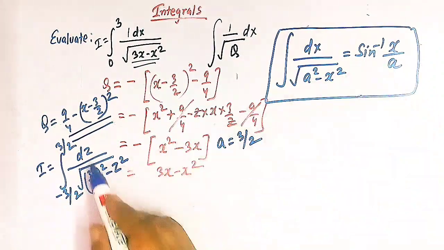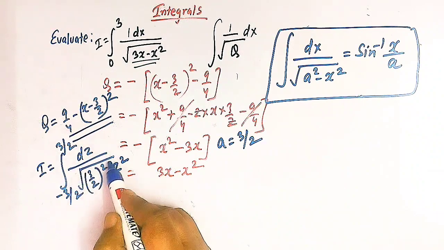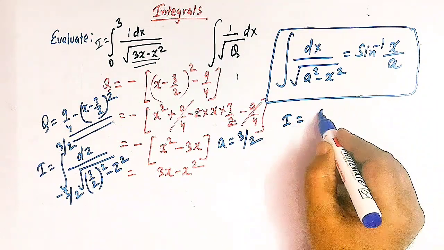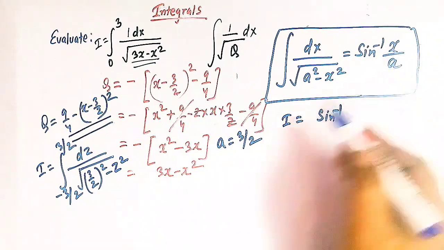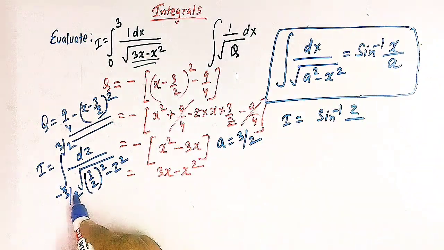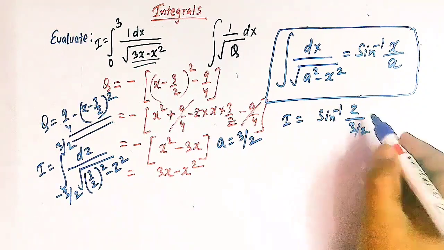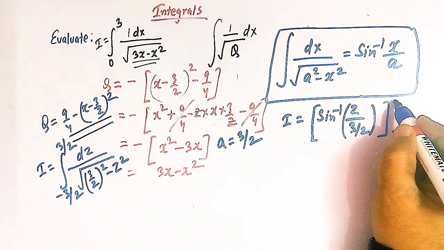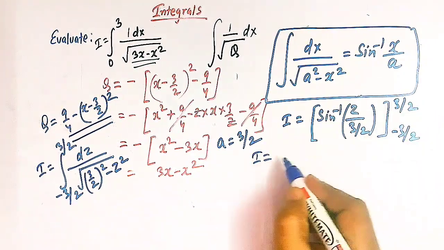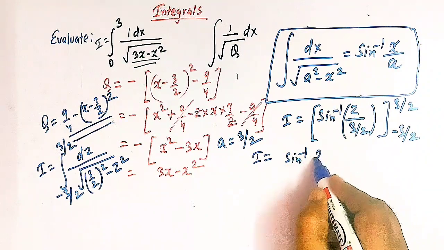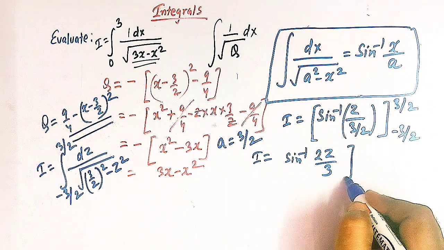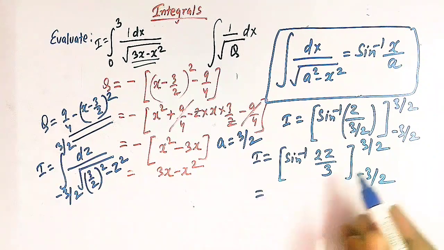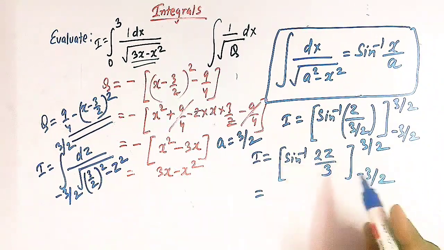So the integral of dz over square root of (3/2)^2 minus z^2 is given by sine inverse of z over 3/2, and the limits are from minus 3/2 to 3/2. So I can be written as sine inverse of 2z over 3, with limits from minus 3/2 to 3/2. Now substituting the limits, we'll take the difference.